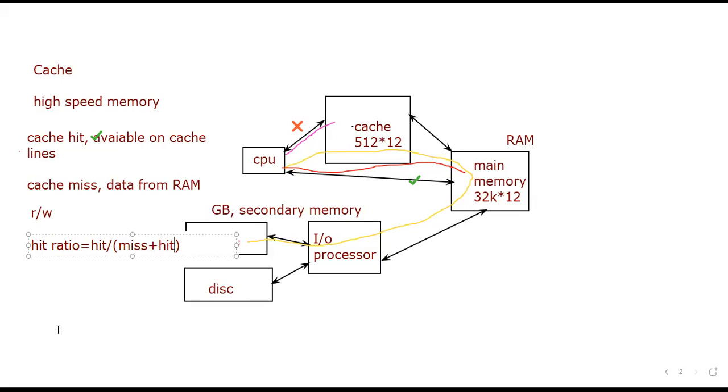Understand? The hit ratio is nothing but the ratio of success versus total attempts, whether success or failure. Like passed students versus total students. So the number of successful attempts, hits, is divided by the misses plus hits.